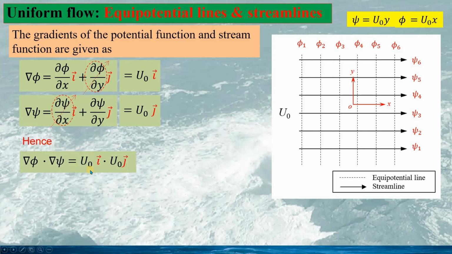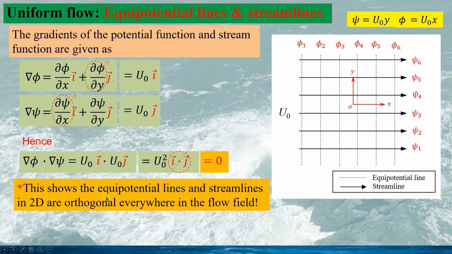So if we multiply these together, the gradient of the potential function dot the gradient of the stream function is given as this and this. And the unit vector i dot the unit vector j, because these two unit vectors are orthogonal, the dot product of these two vectors is 0.